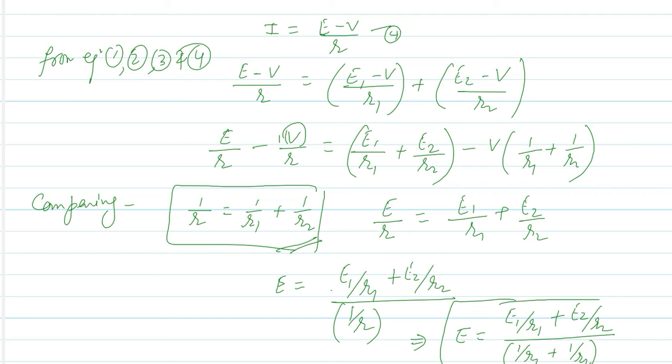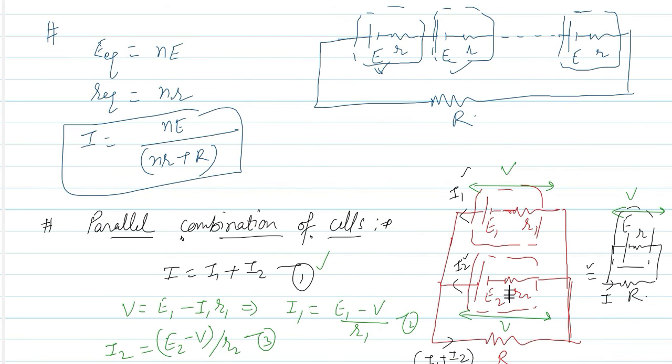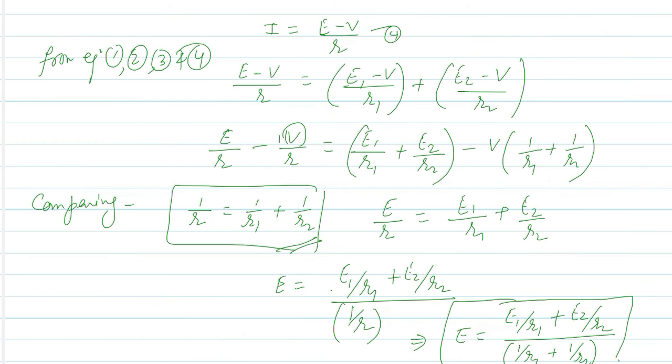So this is the final formula, and I would suggest you not to simplify it further, because it would be very easy to memorize the formula in this form. Because if suppose there are more than two cells connected in parallel combination, then what would you do?